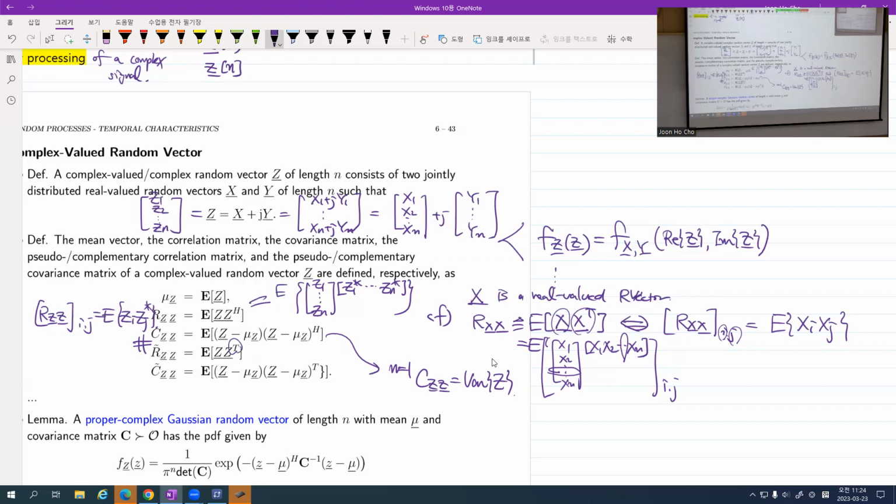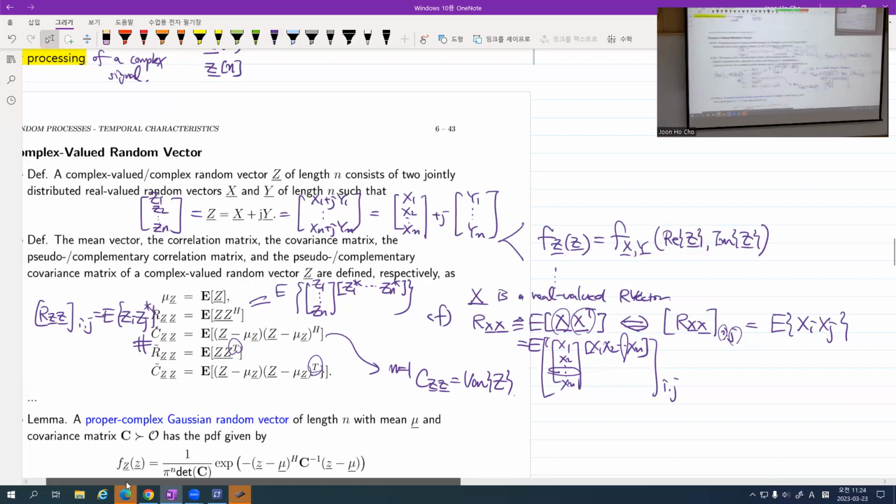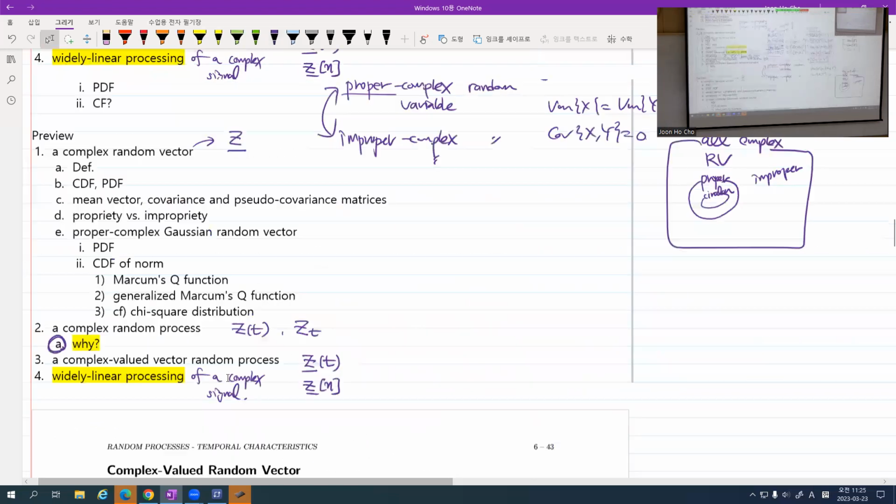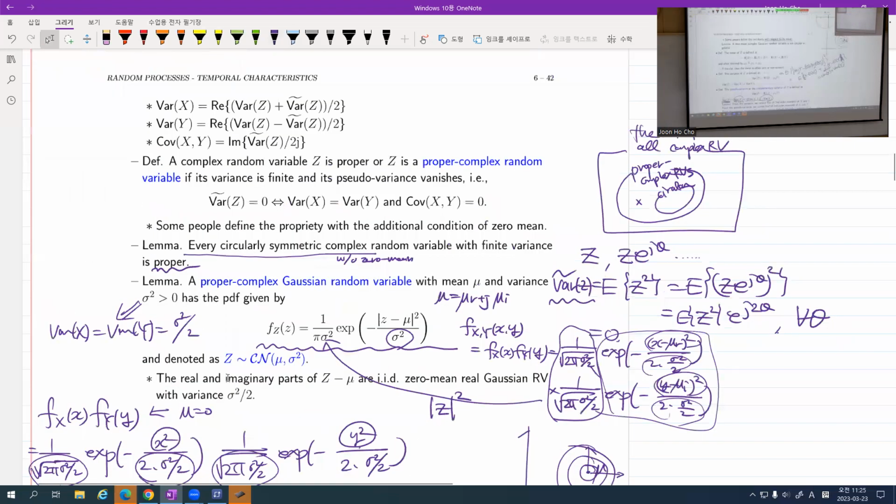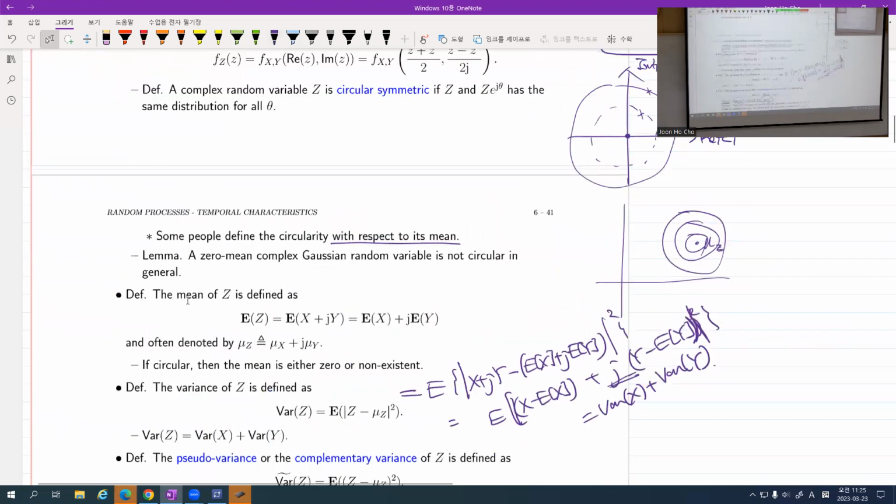So here we use just transposition. Then all the second order moments of the real part random vector and the imaginary part random vector can be obtained from these two. Got it? Of course, given the mean vector. So you can easily perform the same ideas as something like this.